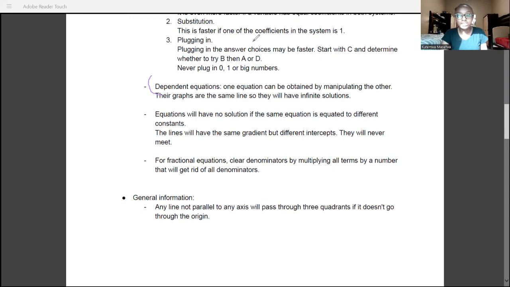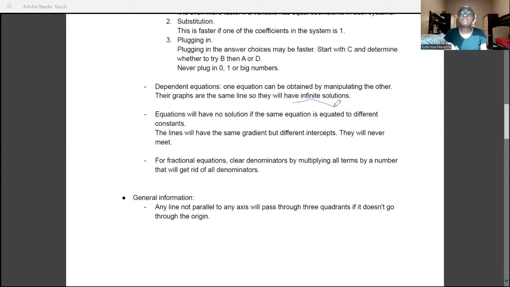Now, the thing with equations, of course, is that as long as you can reduce an equation and get another one, it's the same line. If you multiply a line by 2, it's the same line. Multiply a line by 7, it's the same line, right? So if you have a situation where you have equations that can be obtained by manipulating the other, the graphs are the same lines and they have infinite solutions.